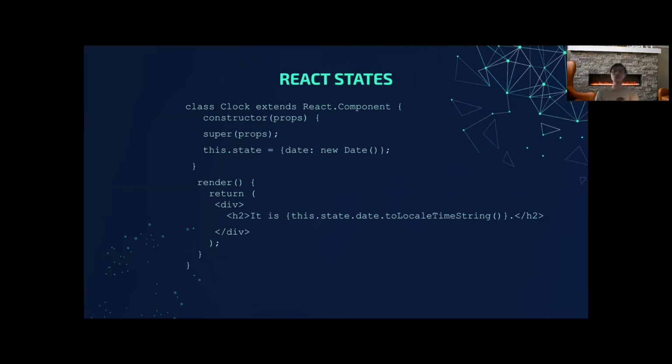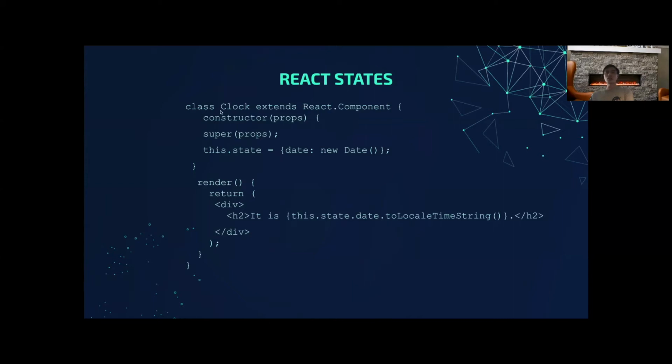So if you make a component that needs to keep track of something within itself, for example, with this clock, it needs to keep track of the date or the time. And so if you have a component that needs to keep track of anything, you're going to want to make it into a class component so it can keep track of its state.